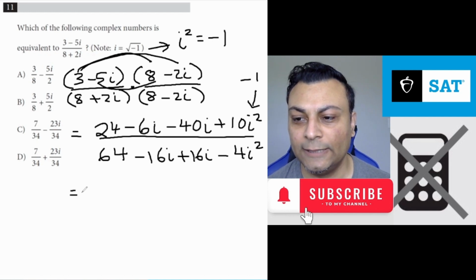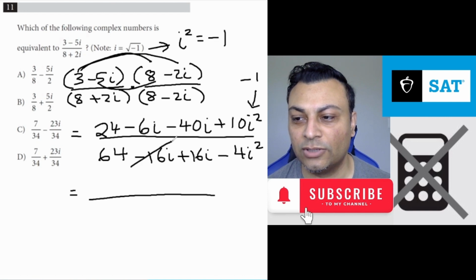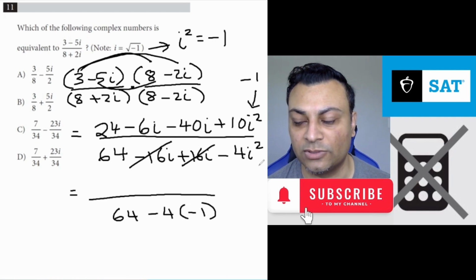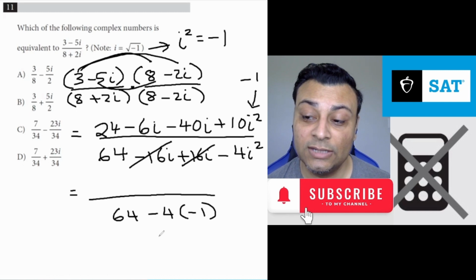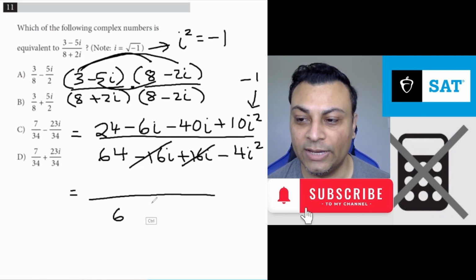Let's do the denominator first. These two are going to cancel out, and you have 64 minus 4 times -1, because i squared is -1. All this will come out to 68, 64 plus 4. So let's write that in as 68.